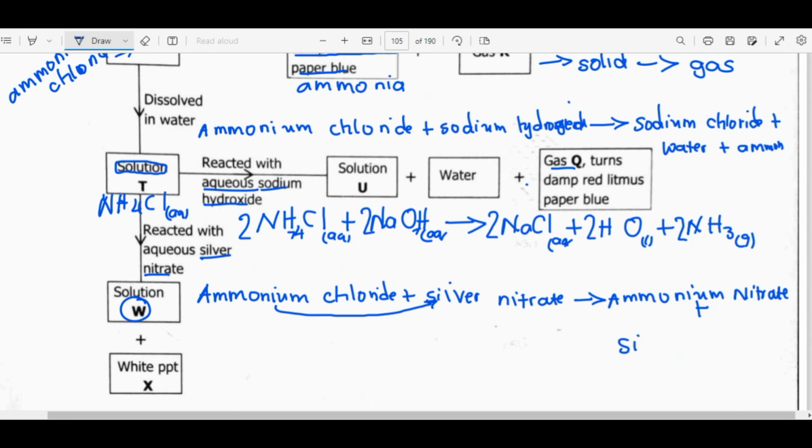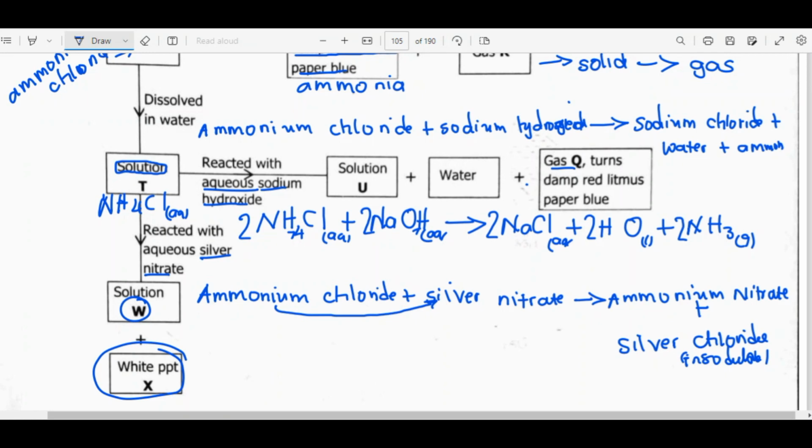So we're going to have silver chloride, and remember, silver chloride is an insoluble salt. Since it's an insoluble salt, that's the reason why we were told a white PPT. So that is the key point. To summarize, whenever a solution of ammonium chloride reacts with silver nitrate, the products should be ammonium nitrate, which is a soluble salt, and silver chloride, which is an insoluble salt.